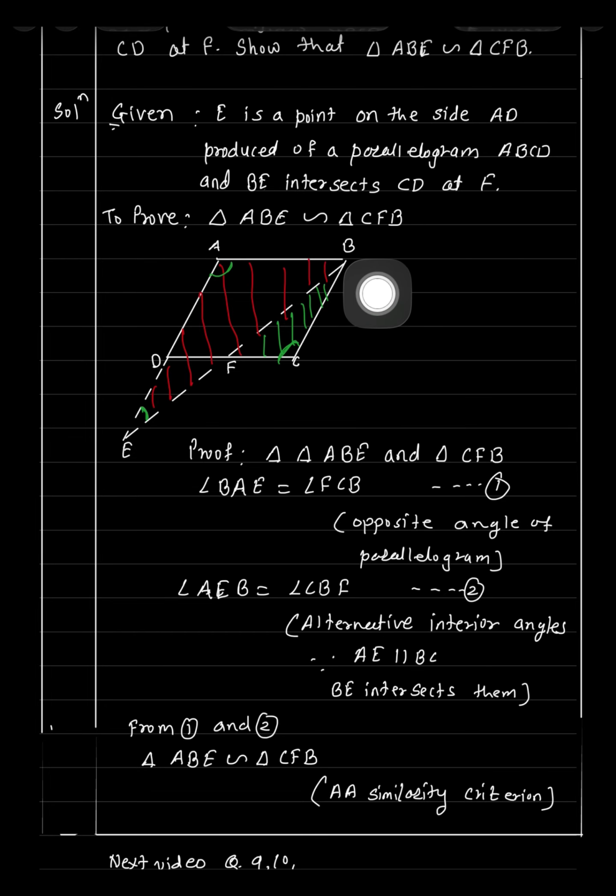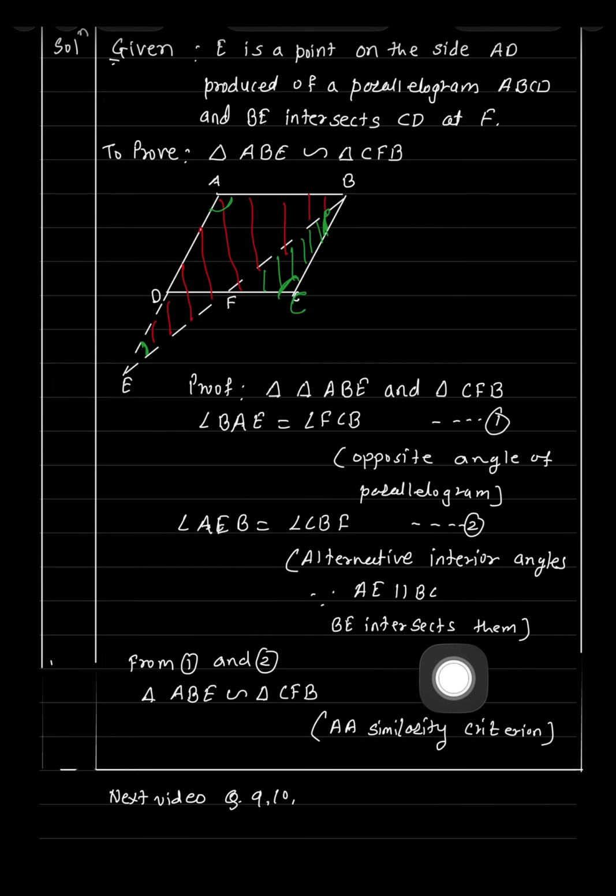Here AE and BC are parallel, and BE is a transversal, so alternate interior angles are equal.